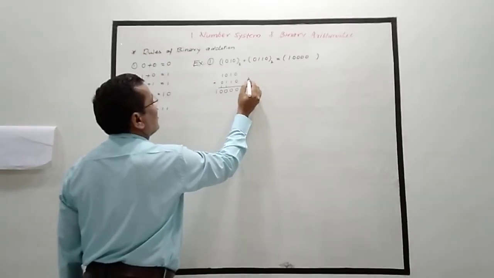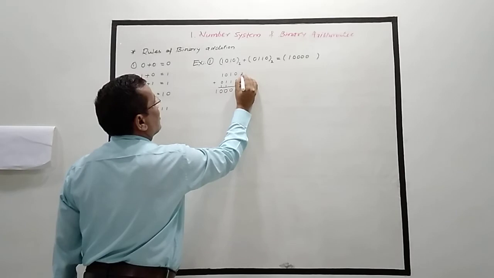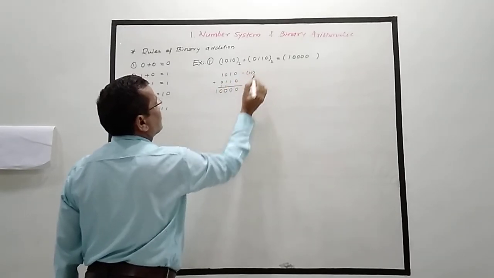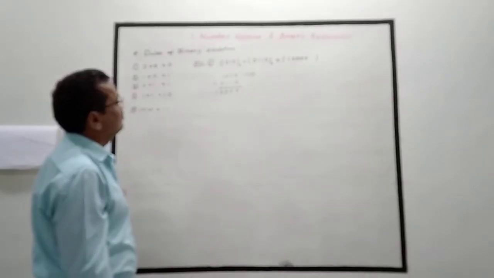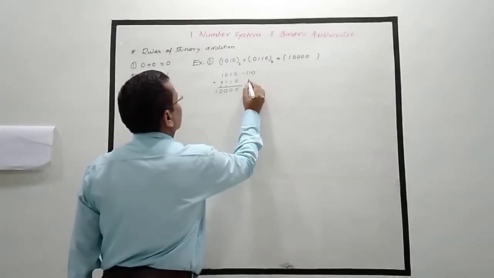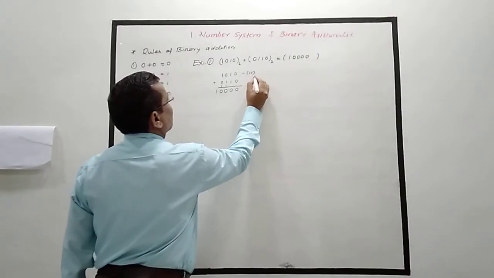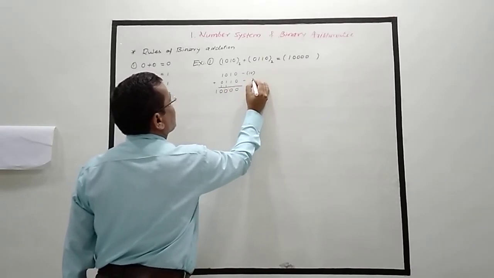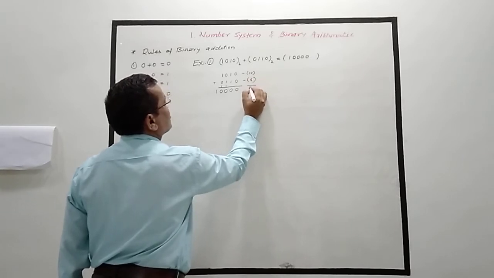So here, if you convert this number 1010, it is 10. And 0110 is 6. So 10 plus 6 is equal to 16.